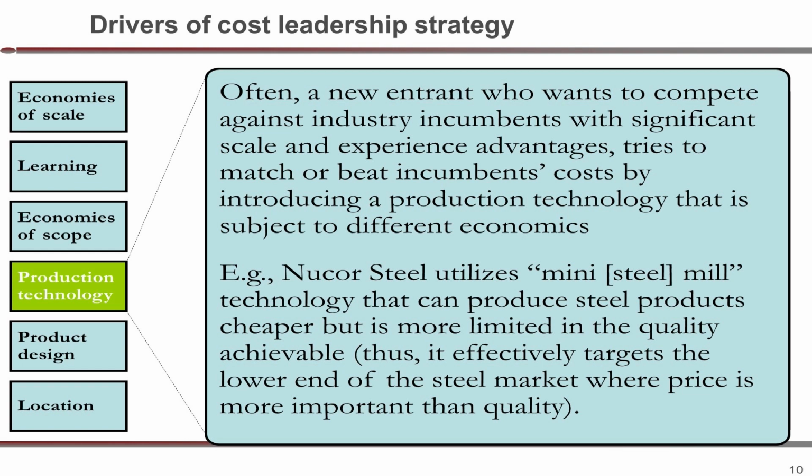It allows them to produce steel more cheaply than the incumbents, but it's more limited in the maximum quality that they can make. So they can make lower end steel products cheaper than their rivals, but they can't make the highest quality steel products. For instance, they can make rebar, but they can't make I-beams. So this has allowed them to compete effectively on the lower end of the market, even though they did not have the huge scale or experience of the incumbent steel firms.